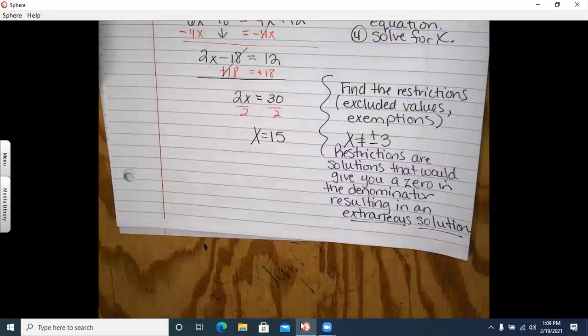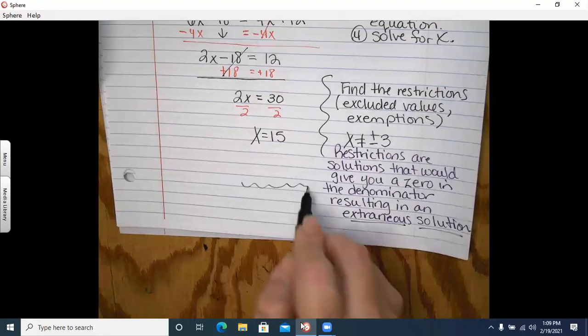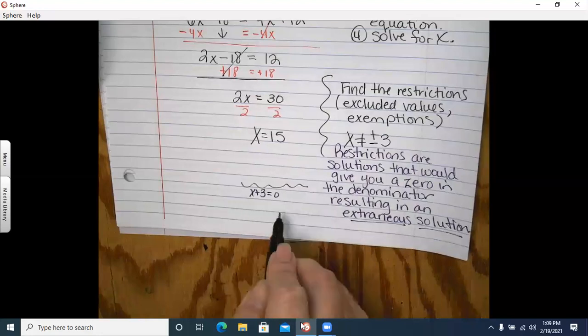Some kids get confused on how to find x. If the coefficient of x is 1, it's easy, you can just look at it and tell, right? But say you had something like 2x plus 1. Then what would it be? If you get confused on how to find your restriction, my first factor was x plus 3. I set it equal to 0 because I want to know what x has to equal to give me 0.